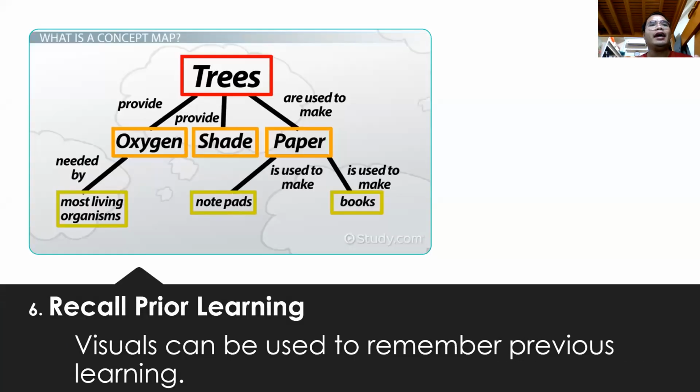Okay? And they recall prior learning, no? Visuals can be aids for students to recall prior learning. Halimbawa, itong concept map na nakikita niyo sa taas, visuals can be used to remember previous learning. Halimbawa nito, pag nag-lesson plan kayo, okay, one strategy that teachers use, especially in the generalization part, okay, dun sa nagsasummarize ka na ng lesson mo, na-discuss mo na yung lesson mo, na-present mo na yung lesson mo, ang gagawin mo na is to concretize their learning, to concretize their understanding.